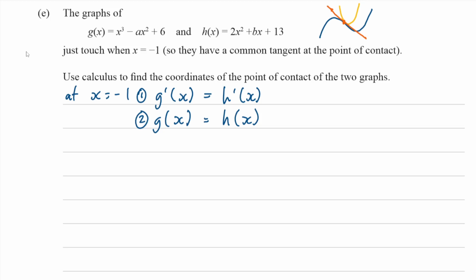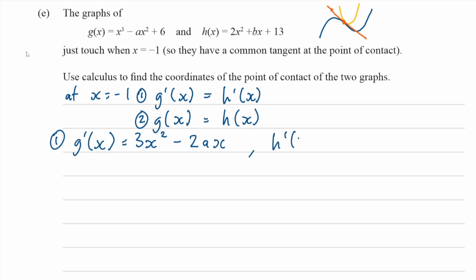Let's go with equation 1 first. We need the gradient functions of both. So g prime of x: 3 multiplied out the front, subtract 1 from the power, minus ax squared becomes minus 2ax, and the derivative of 6 is 0.